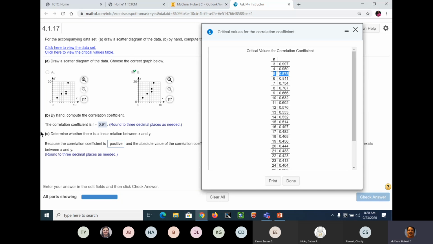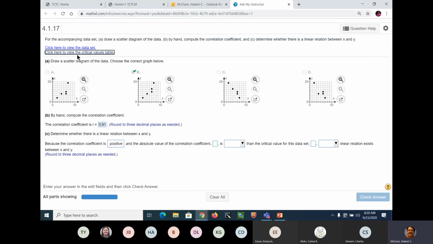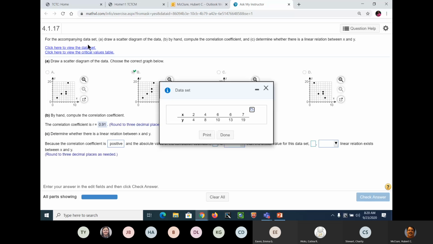Now, when we do the problem, you're going to come back to that. That's all you need the critical value for. So now you can get out, and you don't need that table anymore. Now you need the data set. And there's the data set. I'm going to use the Excel spreadsheet, and then we'll type it in the calculator for those that still need practice with that.